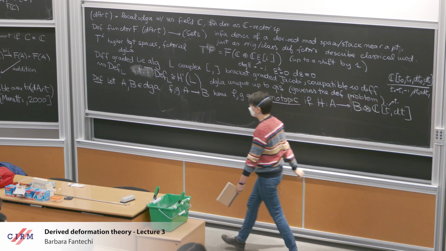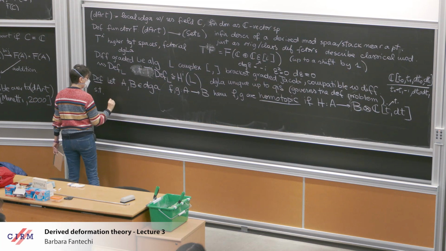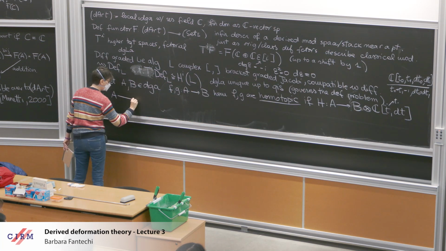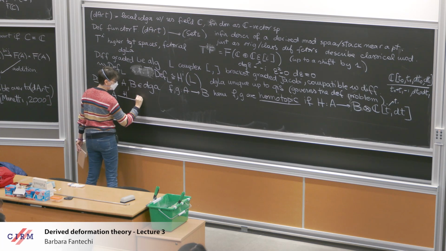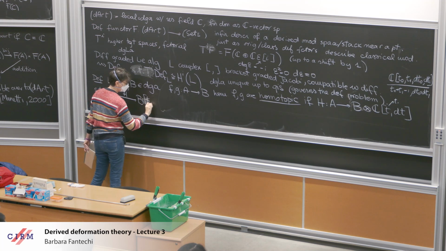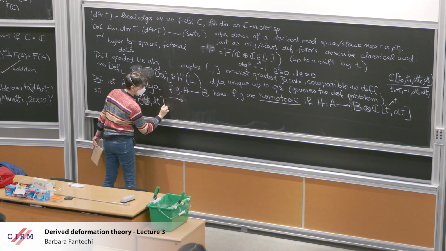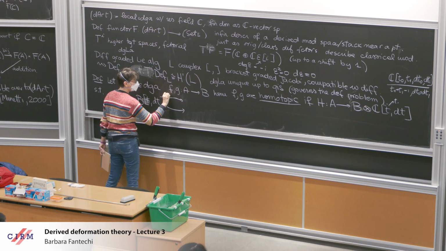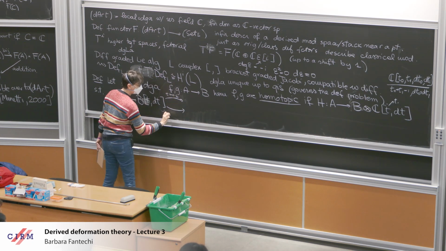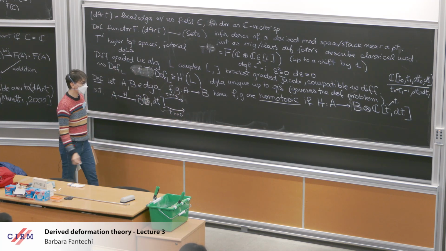And such that, so now I have my A, this goes with H to B, turn B off if you want, t dt. And now I have two compositions. In one composition I map t to 1, and in the other composition I map t to 0.